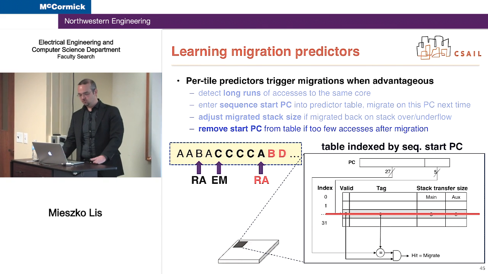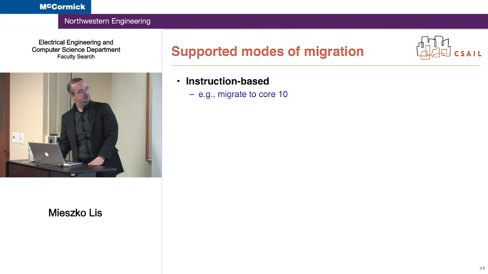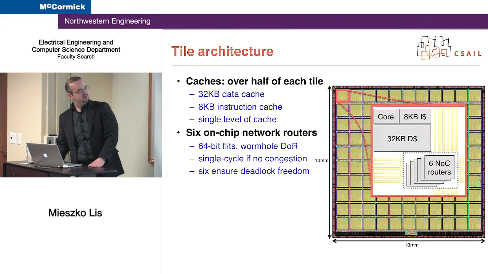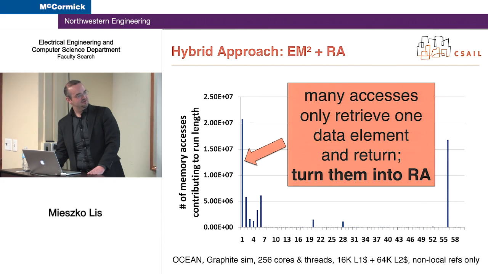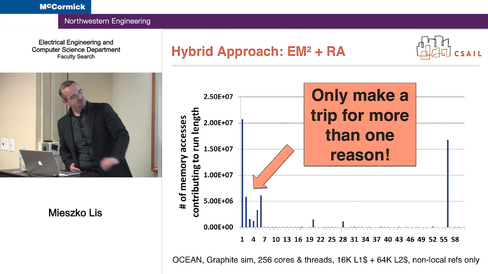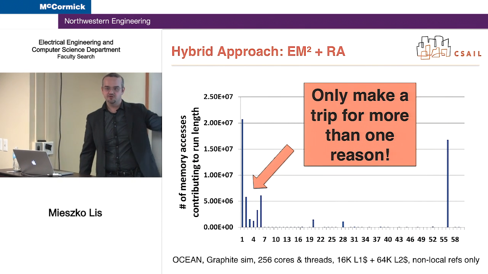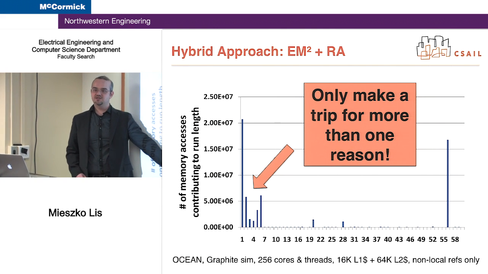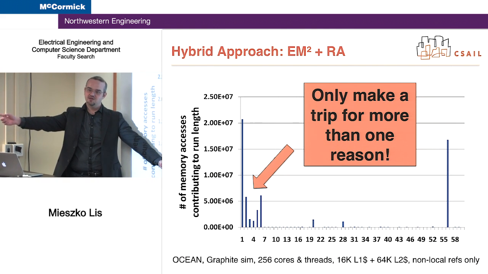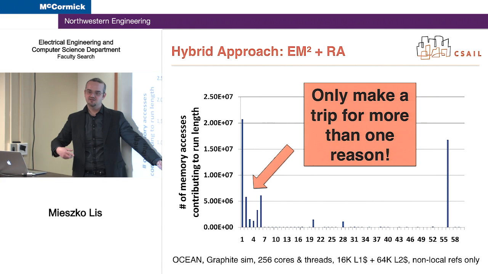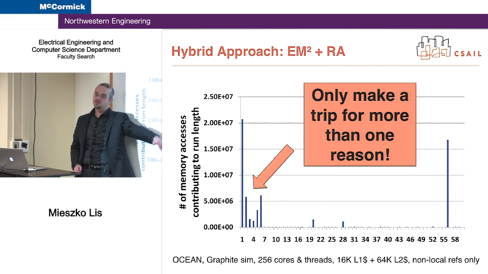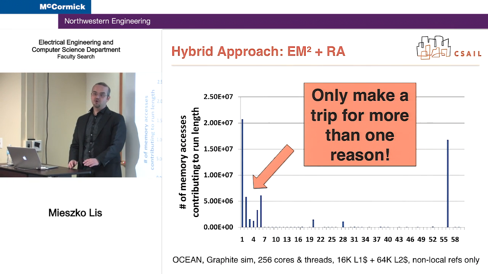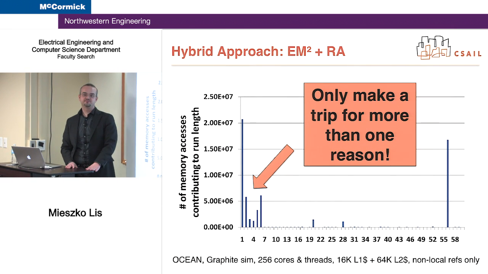I think this slide answers your question. In some cases, it's not worth it, and our predictor decides that you should just send a message and do a one-off access, and only migrate in this region and to the right, where it can actually benefit.